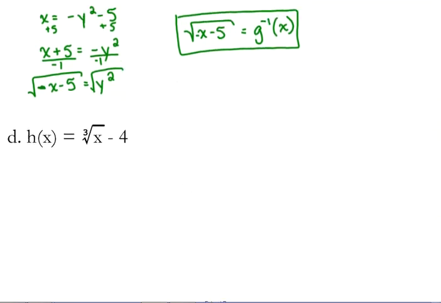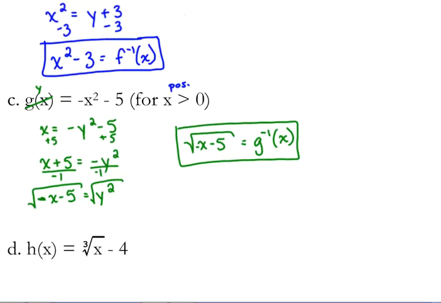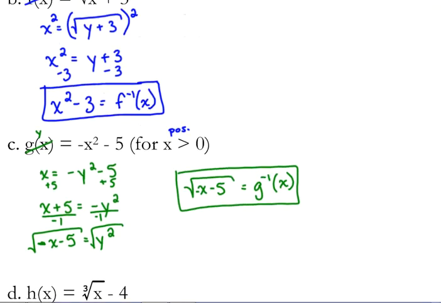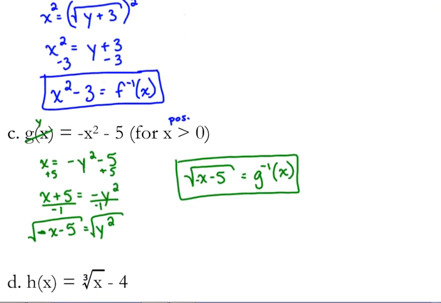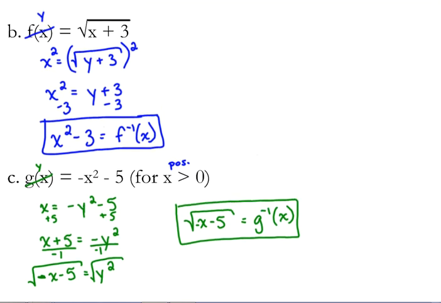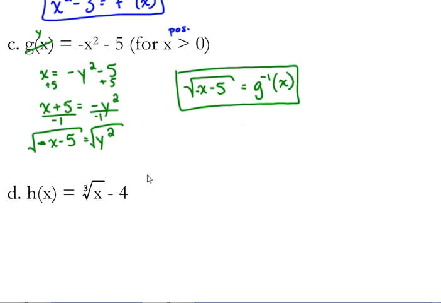All right, one more. H of x is equal to the cube root of x minus 4. Now, before we jump into this problem, I want you to compare the way this one is written versus b. That square root on b went all the way over the +3.